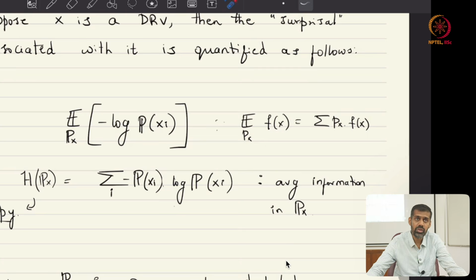Now if I were to talk about the expectation of the function of the random variable, it's actually equal to the expectation of that new random variable with respect to the distribution of that new random variable. However, it can be shown that the expectation of a function of a random variable with respect to its distribution is equal to the expectation of the function with respect to the original random variable. This is LOTUS. It can be proved.